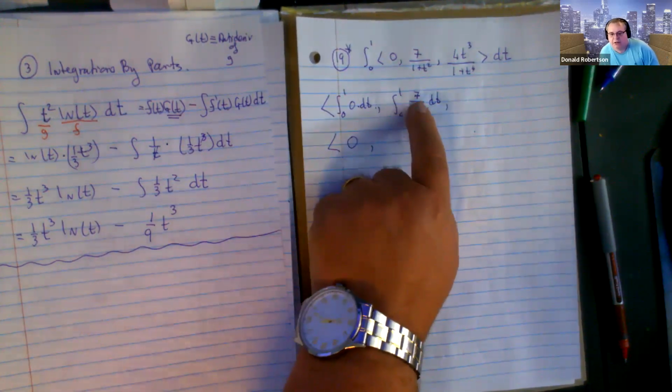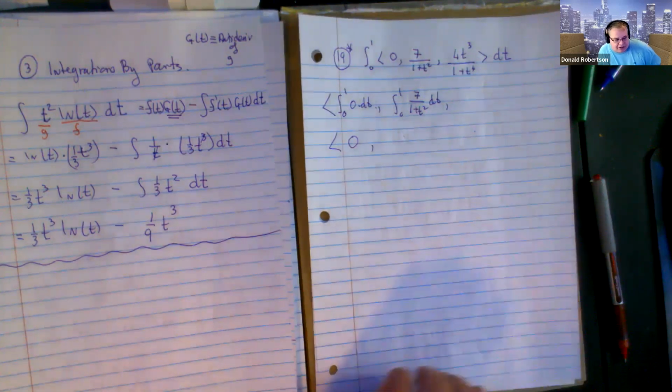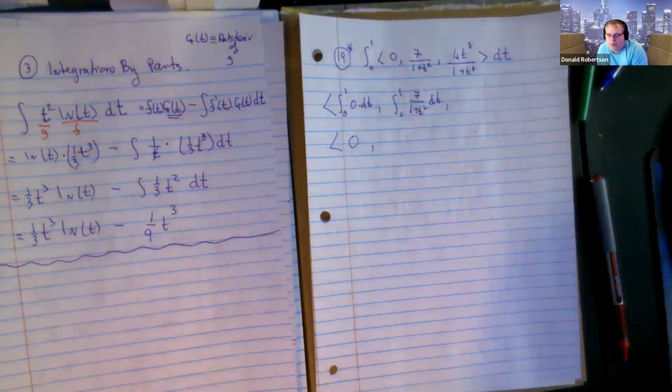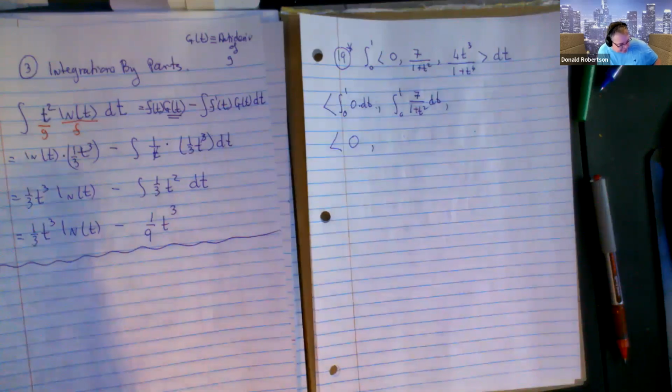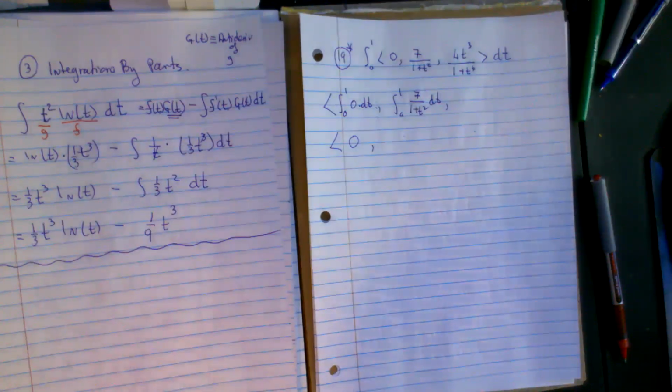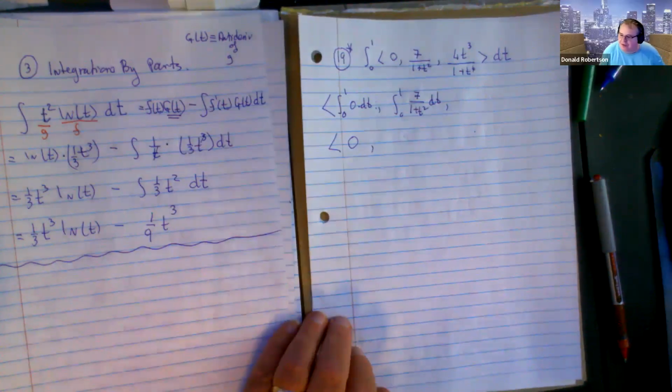What is the antiderivative of 1 over 1 plus t squared? I'll give you a clue. It's an inverse trig function. What is the antiderivative of 1 over 1 plus t squared? Tangent. Yeah, tangent something. Yeah, inverse tangent.